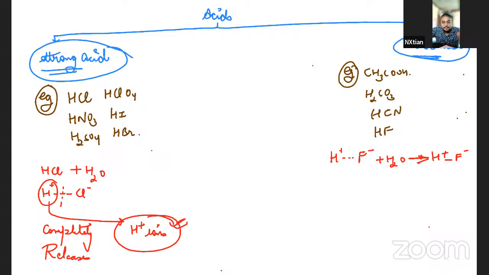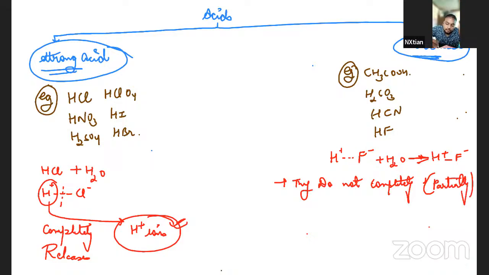If they have 5 H plus ions, then they will only release 3. So they do not completely, or we can say they partially, dissociate.